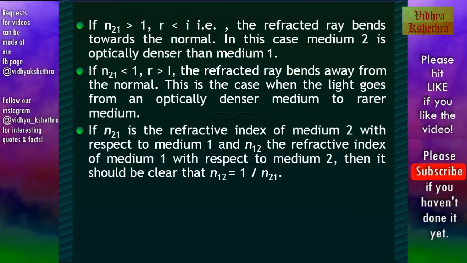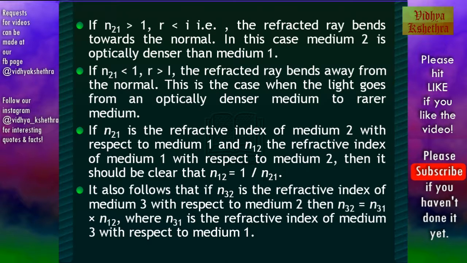Now, if n21 is the refractive index of medium 2 with respect to medium 1 and n12 the refractive index of medium 1 with respect to medium 2, then n12 is equal to the reciprocal of n21, or we can say that n12 into n21 is equal to unity.